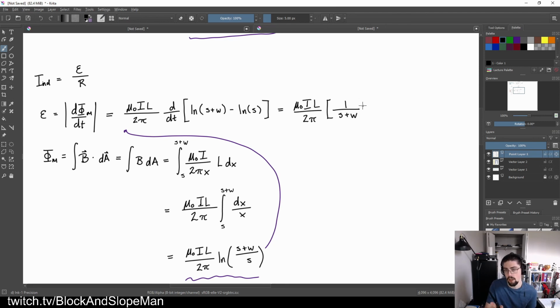We already said w is a constant, but s changes with t. That is to say, ds/dt is equal to v. Let me just do the math out properly for now. Take the derivative of the function, chain rule, take the derivative of what's inside the function: minus 1 over s, ds/dt.